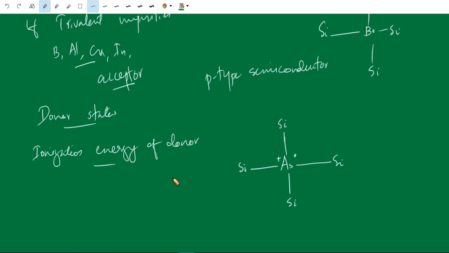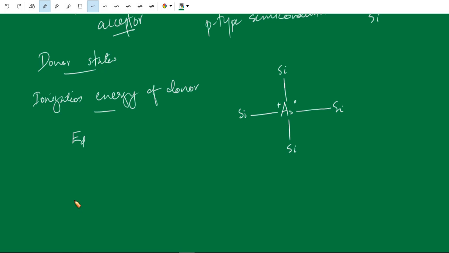Okay, so here the ionization energy of the donor atom is represented by ED. This can be obtained by the Bohr atom model of hydrogen. For a hydrogen atom, the ionization potential is given by EH.